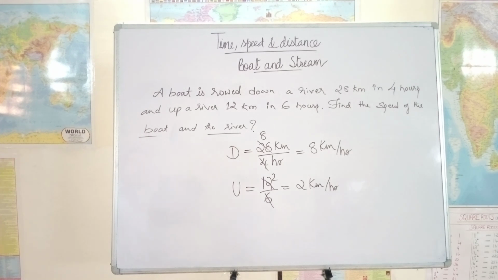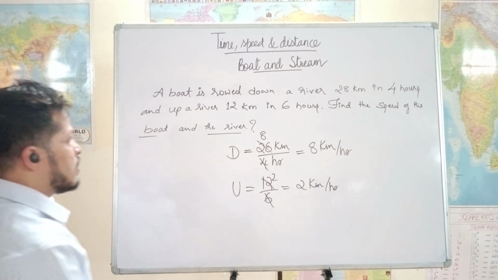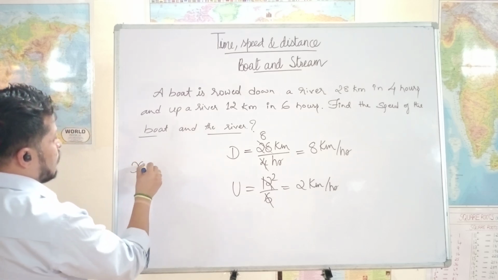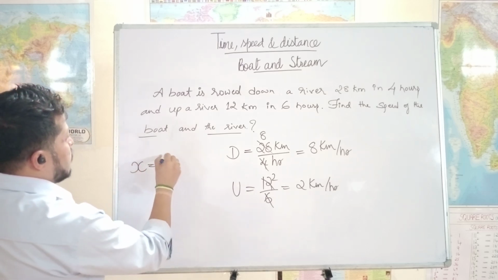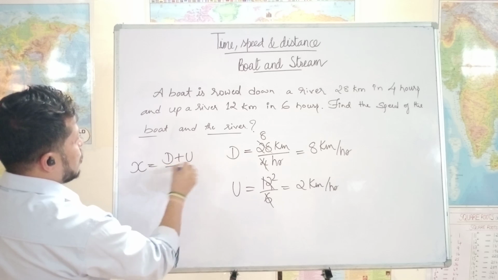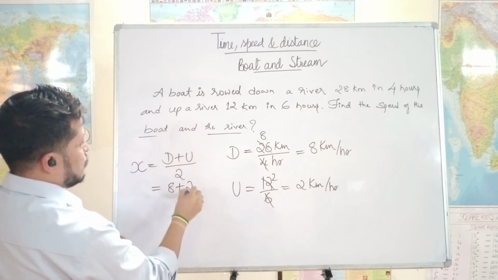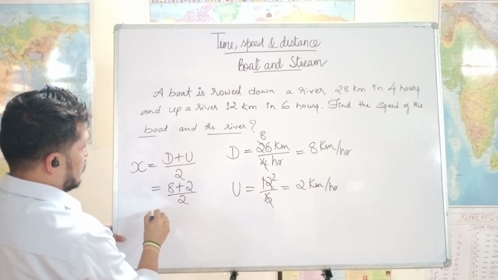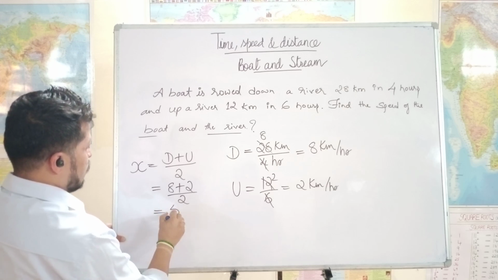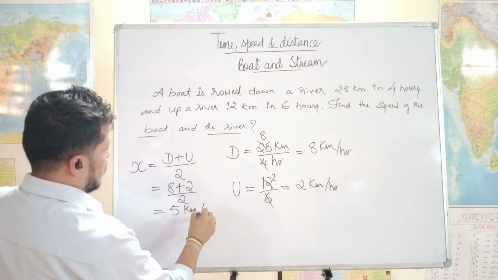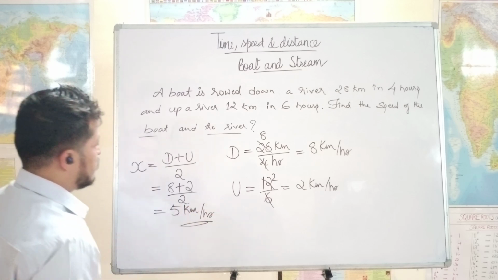Now we have d and u. What we need to find is x and y. The formula for speed of the boat in still water is equal to d plus u by 2, which is equal to 8 plus 2 by 2 is equal to 5 kilometer per hour.